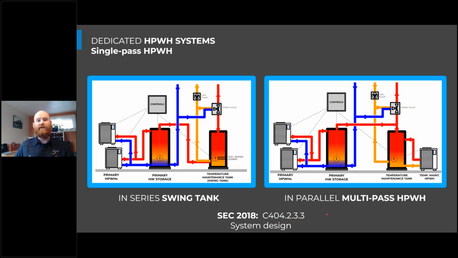And we will cover these in more depth next week, but essentially we have an in-series example, and we call this the swing tank, or an in-parallel example with a multi-pass heat pump water heater. So here we can essentially draw a line down the page and separate that temperature maintenance, hot water circulation task from our primary heaters. And we can do the same in this parallel example.